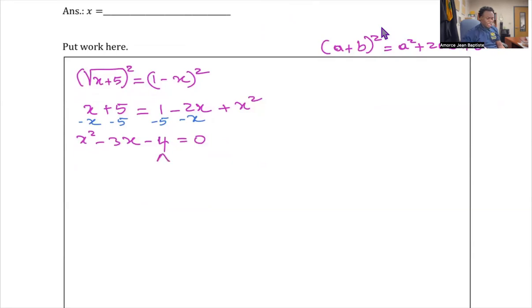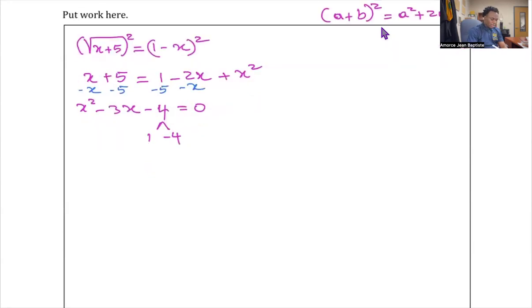Two factors of negative 4 that add up to negative 3 are 1 and negative 4. So we can factor this as x plus 1 and x minus 4 equals 0, because the x squared coefficient is 1. x plus 1 equals 0, or x minus 4 equals 0.